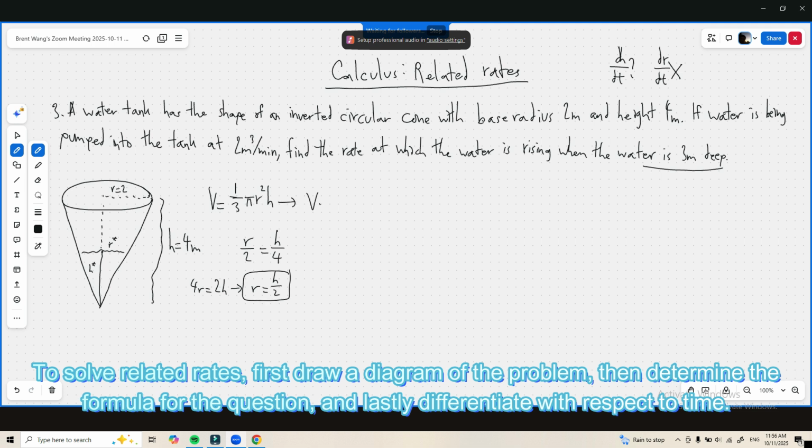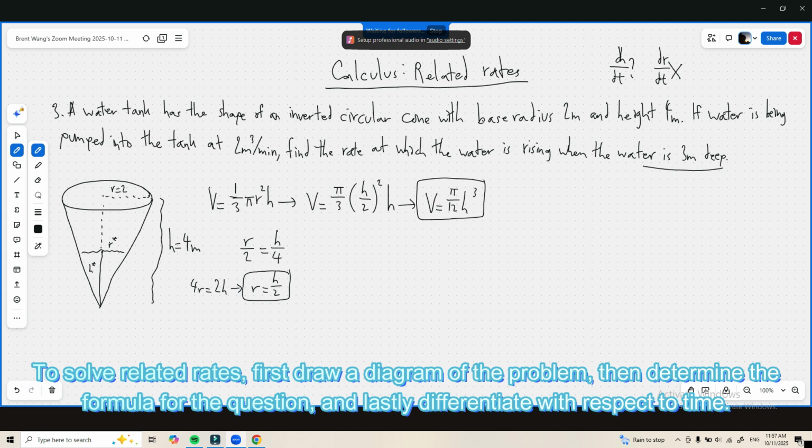So V, rewriting this equation, we have pi over 3 times h over 2 squared times h, which means in the end V is equal to pi over 12 h cubed.